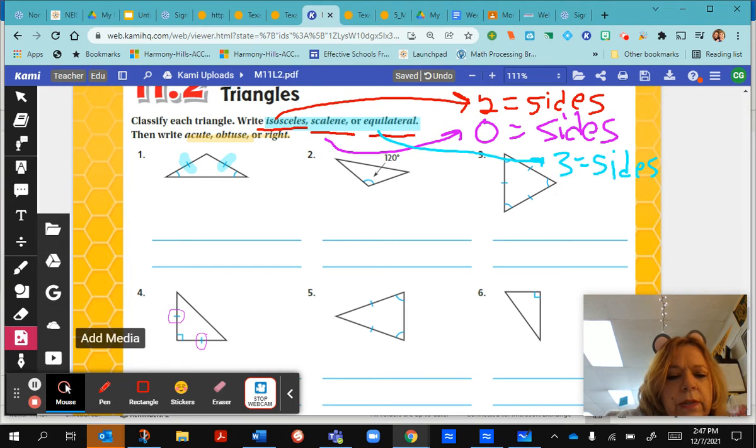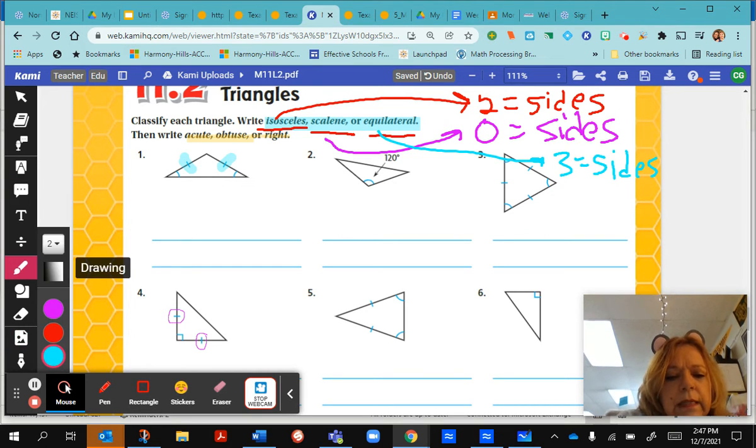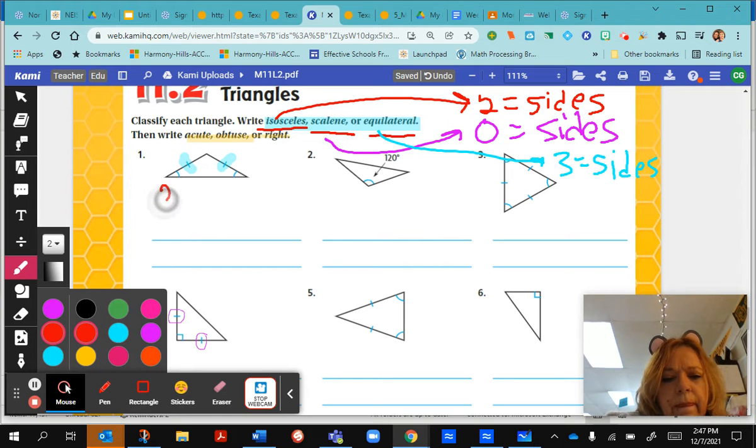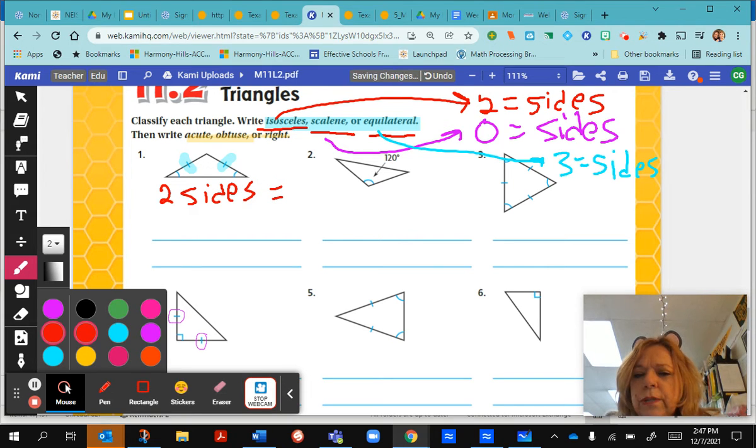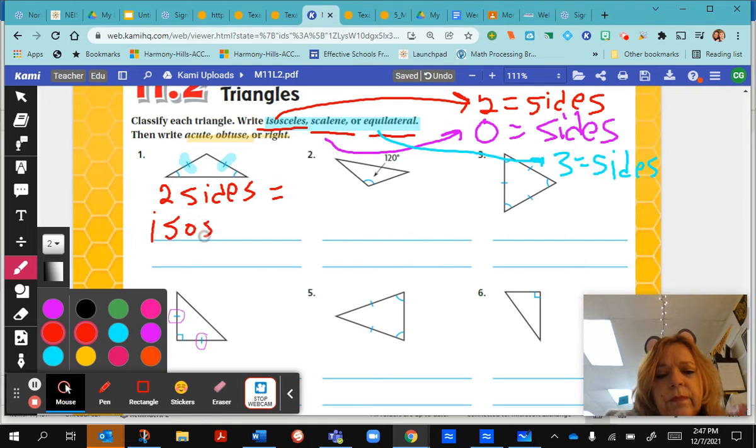And so because I have two sides that are equal, it means that I have an isosceles triangle. Now look at my angles. I have two acute angles and I have one obtuse.